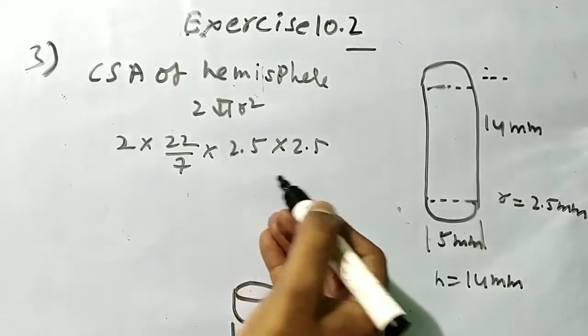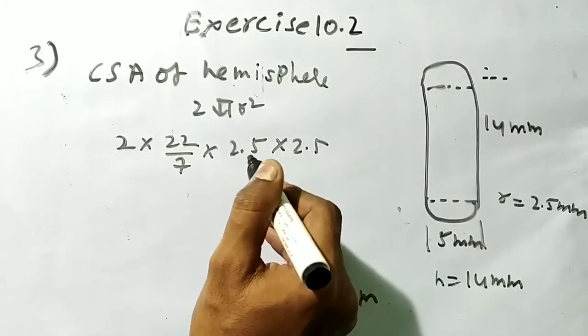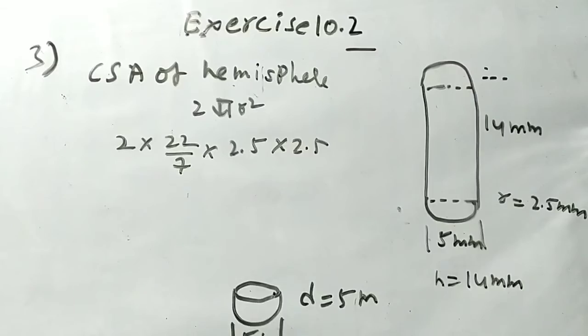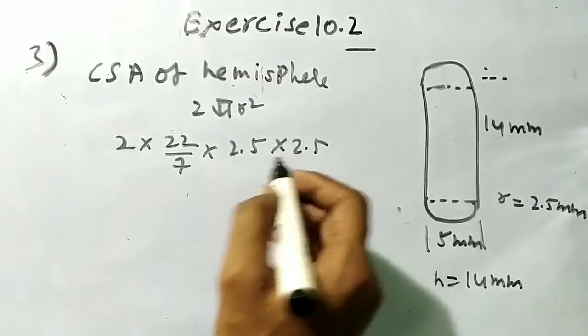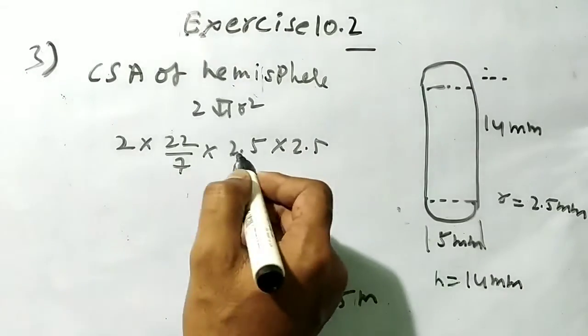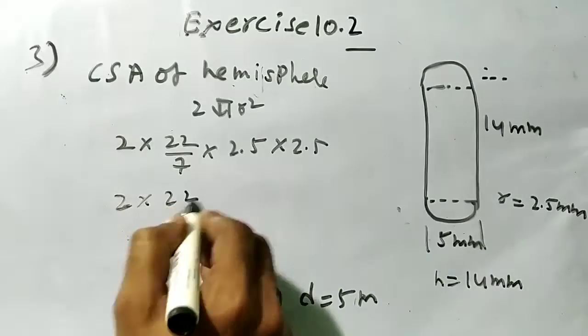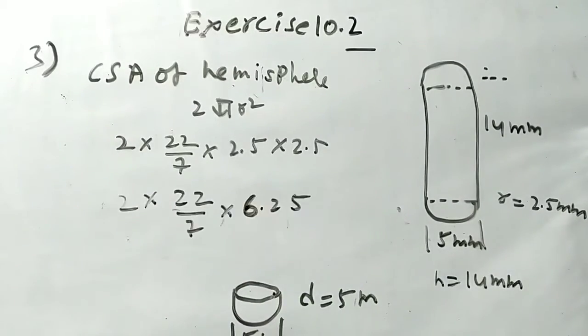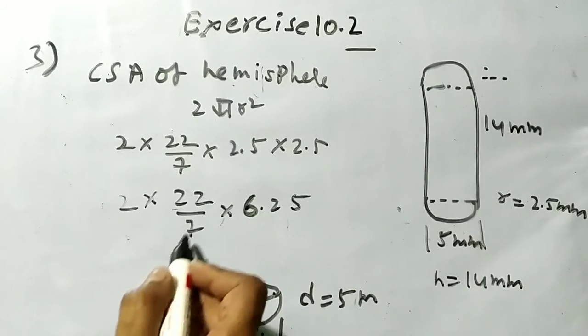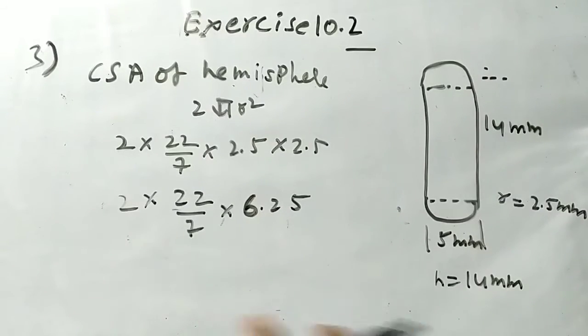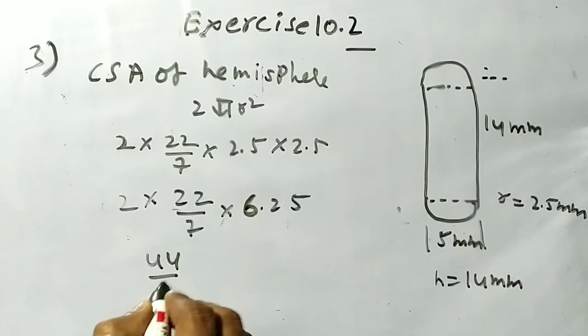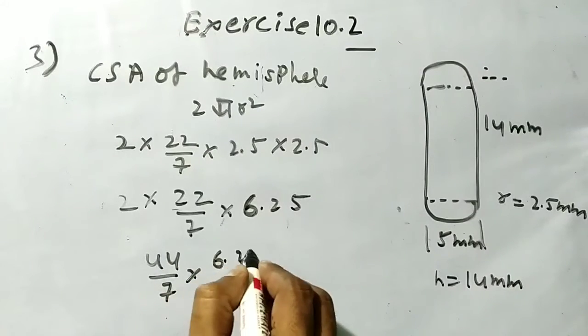Here 2.5 and 2.5 is 6.25, so that is 2 into 22 by 7 into 6.25. If we do the problem, that is 44 by 7 into 6.25.